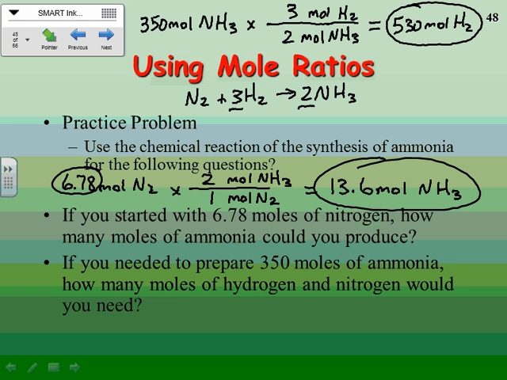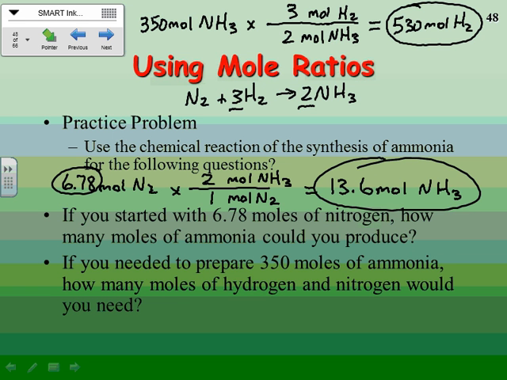Now, can we do the other one in our heads? I've got 350 moles of NH3. Based on the ratio, how much N2 would it take? If this is a 2 to 1 ratio, how much nitrogen would it take? It would either take twice as much or half as much.